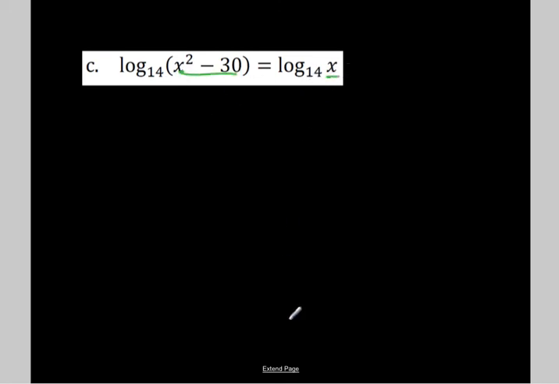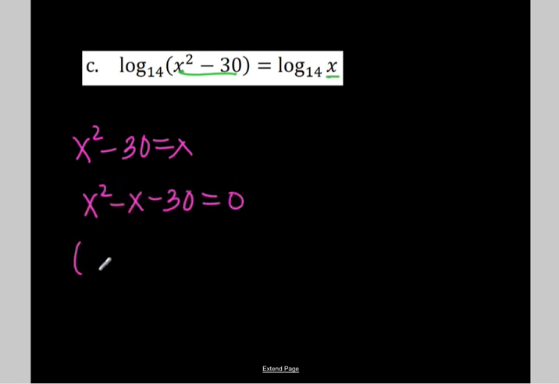Get everything to one side, so I'm going to subtract x. Factor. So it multiplies to negative 30 but adds to negative 1: negative 6 and positive 5.